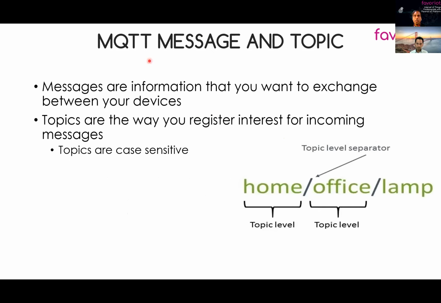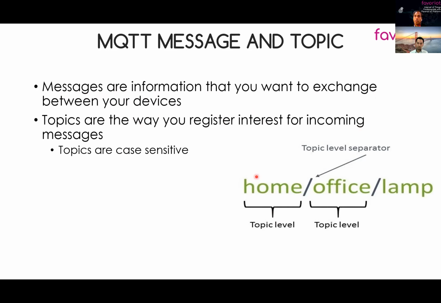Second, the message and the topic. Messages are information that you want to exchange between your devices. For example, it could be turn on, or it could be the data itself, like the REST data that we created, the temperature, the humidity. Those are all messages. Topics are the way you register interest.